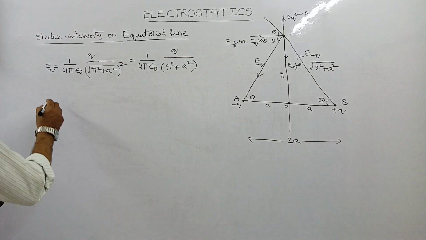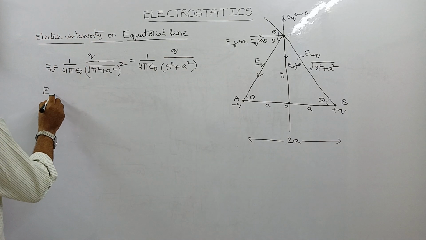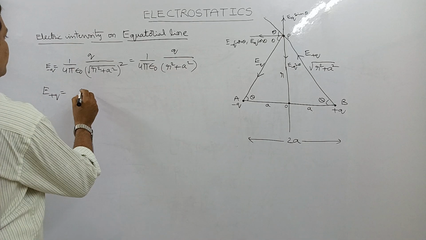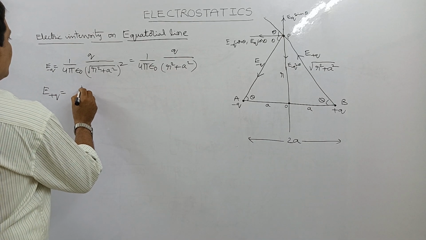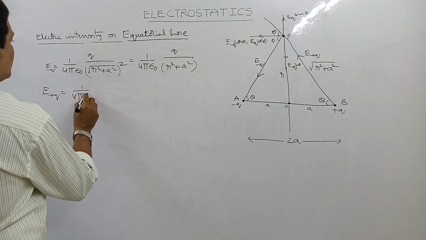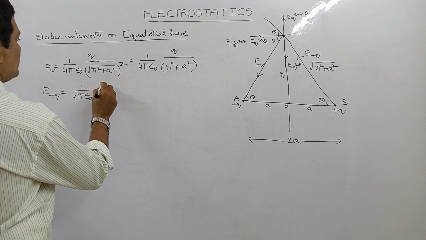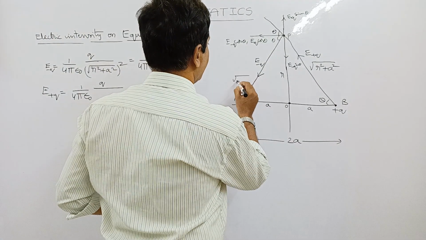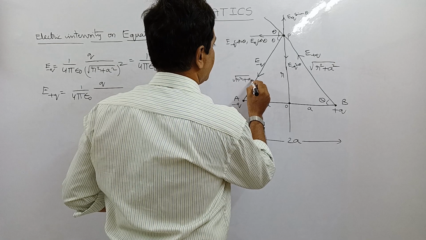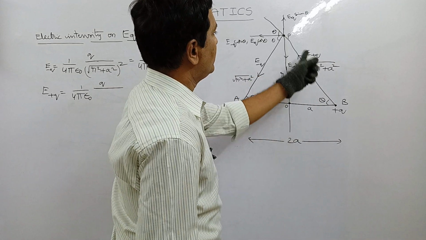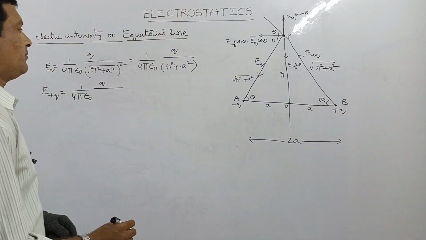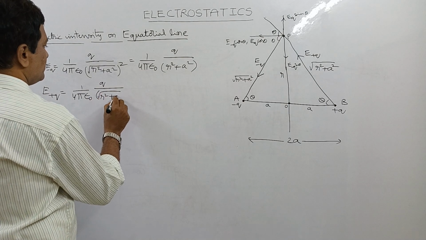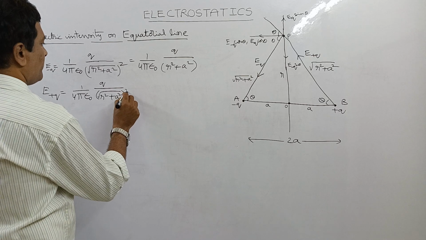positive charge, that is E plus Q, is equal to, same we can write in this form, 1 by 4 pi epsilon naught Q by, what is the distance? This distance is also same, R square plus A square, and this distance also same, root of R square plus A square whole square.